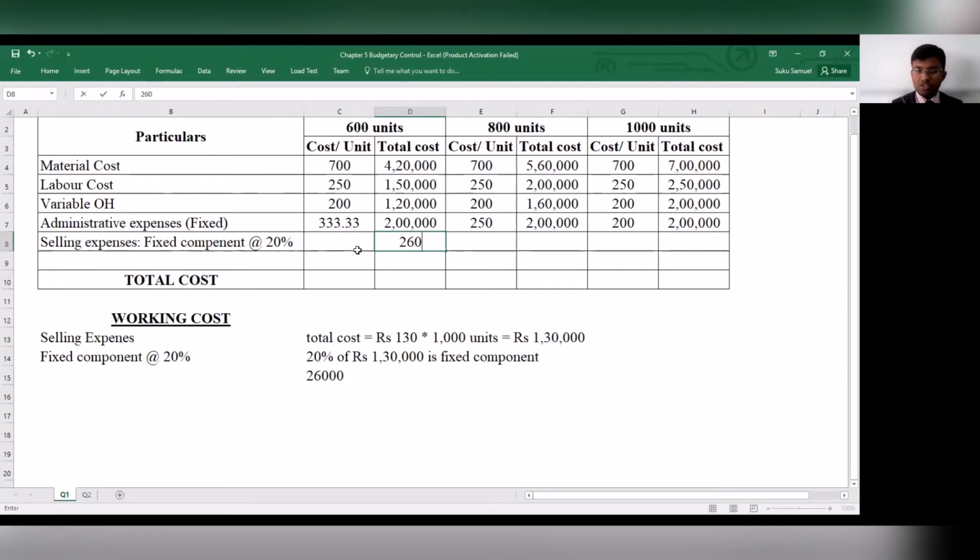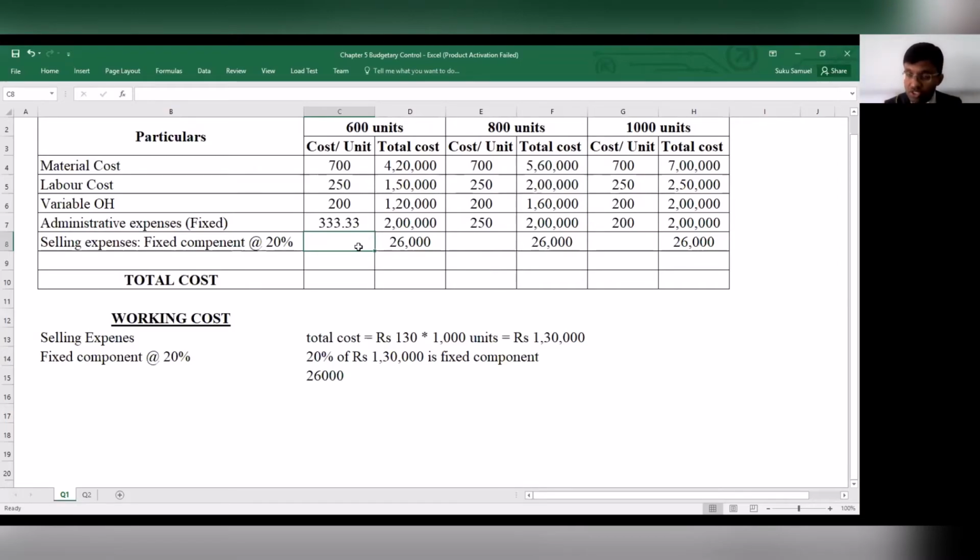What is unique about fixed cost is that fixed cost remains the same irrespective of the level of output. So 26,000 rupees against selling expenses will remain the same irrespective whether you sell 60,000 or 80,000 or 1,000.